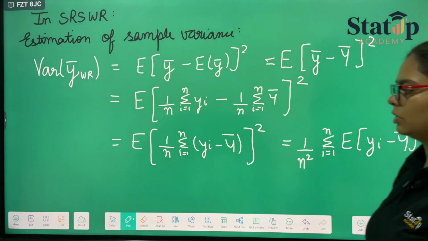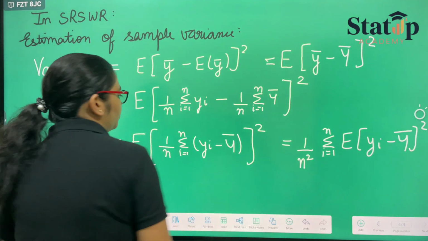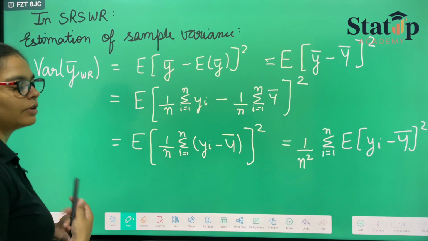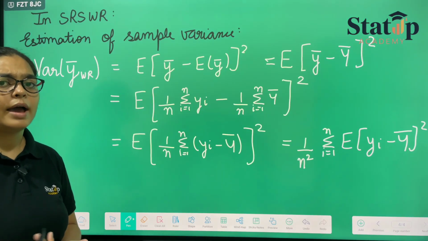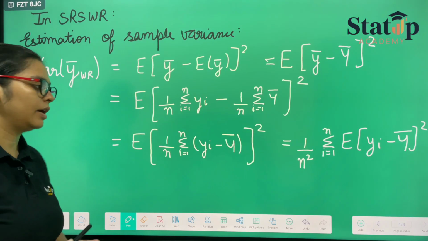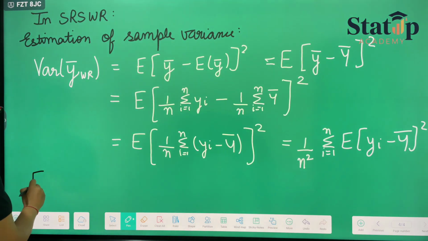Now in the estimation chapter you must have read that estimation of yi minus y bar whole square is nothing but summation i goes from 1 to n. Okay, let me write it.